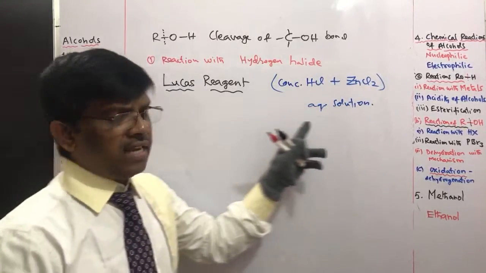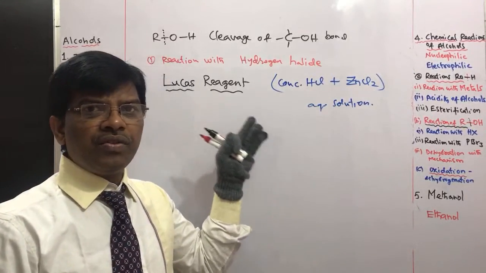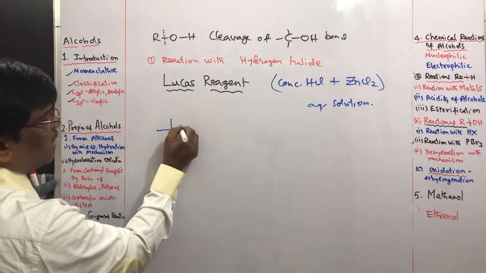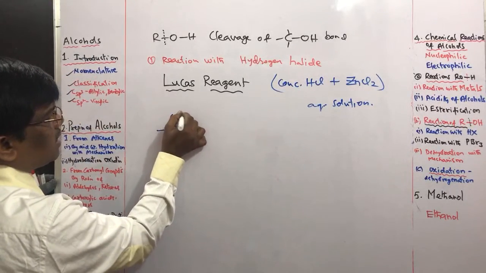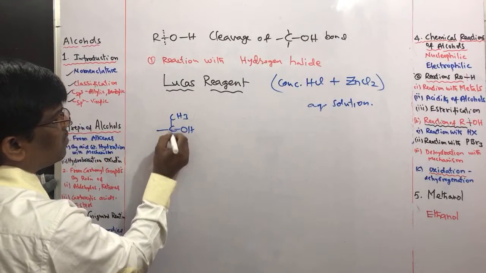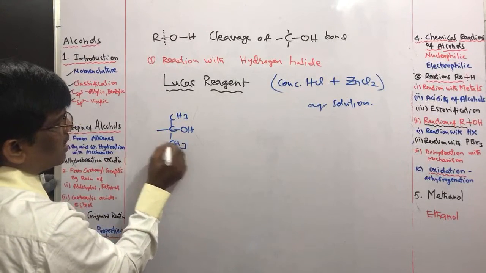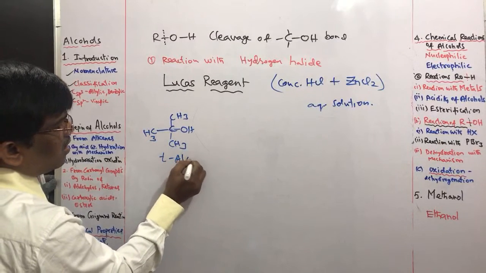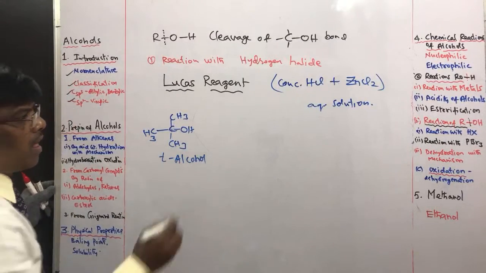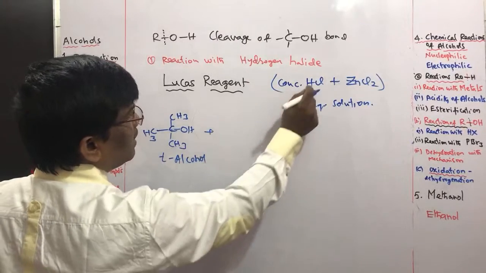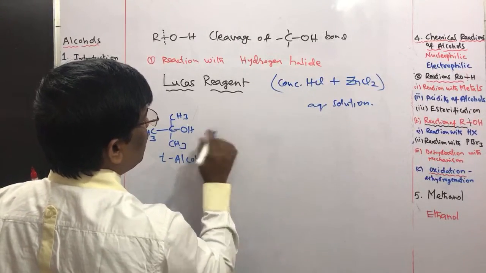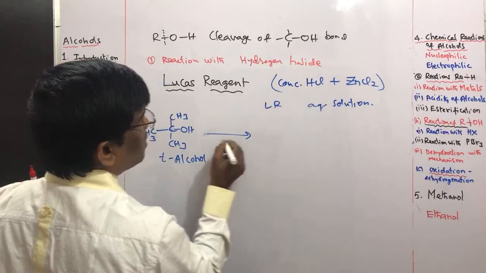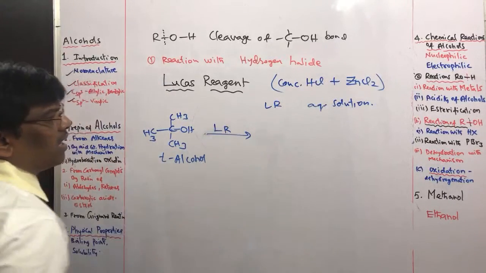This Lucas reagent is used for distinguishing tertiary alcohols. For example, this is CH3, tertiary alcohol or tertiary butanol. Upon reacting in the presence of Lucas reagent, I will write LR, Lucas reagent, right?